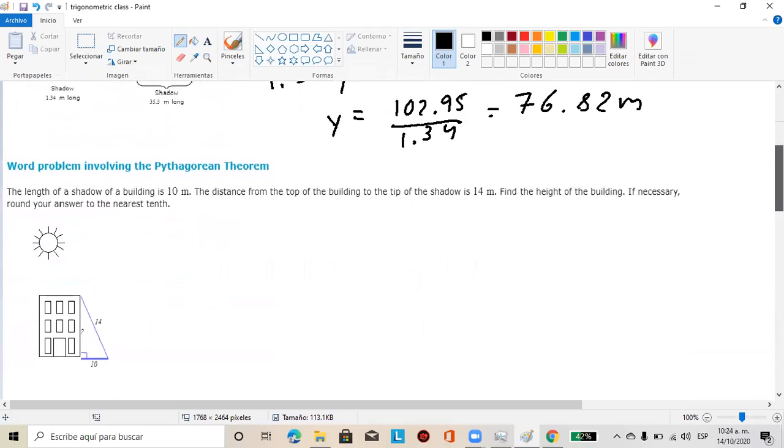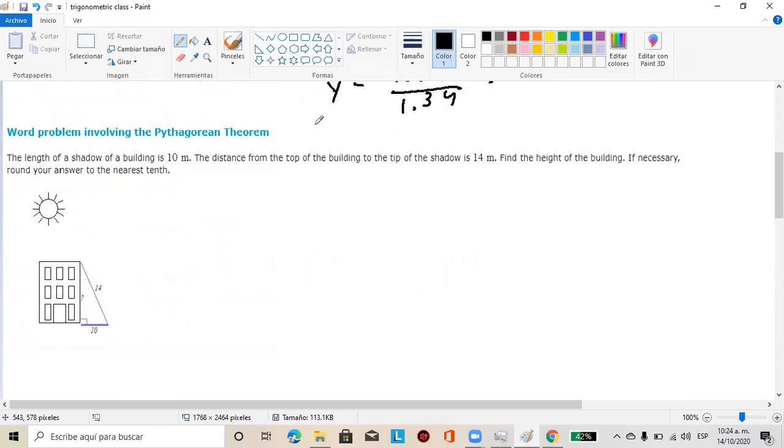Okay, so now we are going to solve a problem involving the Pythagorean theorem. We solved the Pythagorean theorem before. Remember that c squared is equal to a squared plus b squared. So c is equal to the square root of a squared plus b squared. So the problem says the length of the shadow of a building is 10 meters.